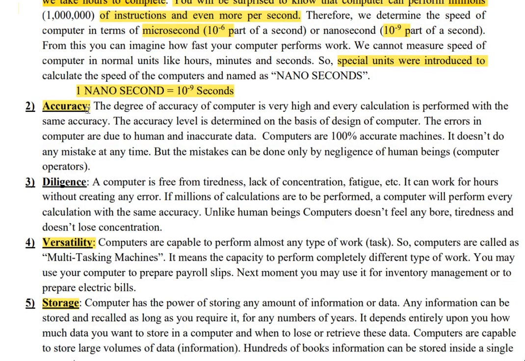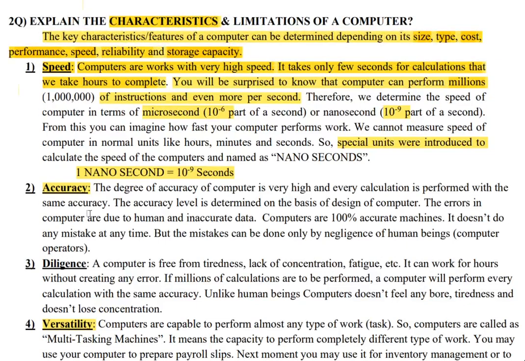What is accuracy? The second characteristic of a computer. The degree of accuracy of a computer is very high, and every calculation is performed with the same accuracy.